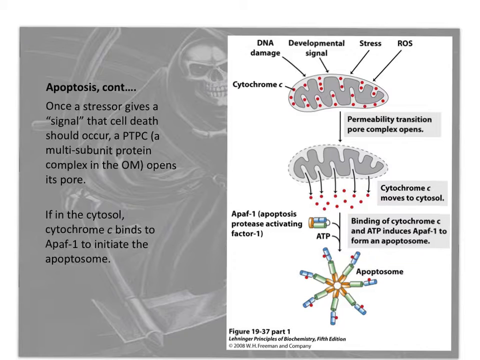And what happens is, if you remember, cytochrome C was a part of the electron transport chain that was in the intermembrane space. So whenever these stressors occur, they trigger what's called the permeability transition pore complex. And this becomes, the fancy word for it is fenestrated.